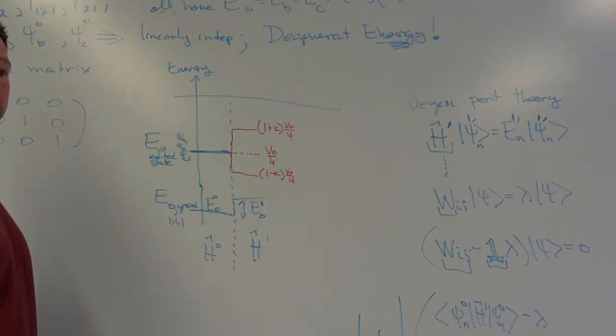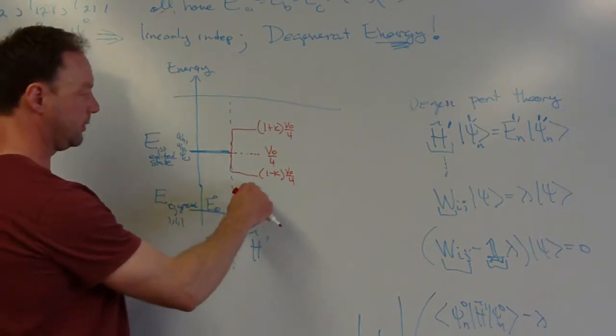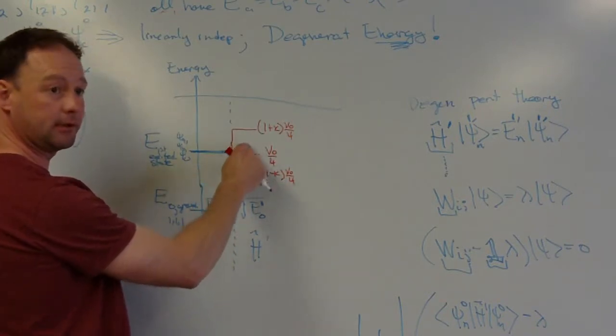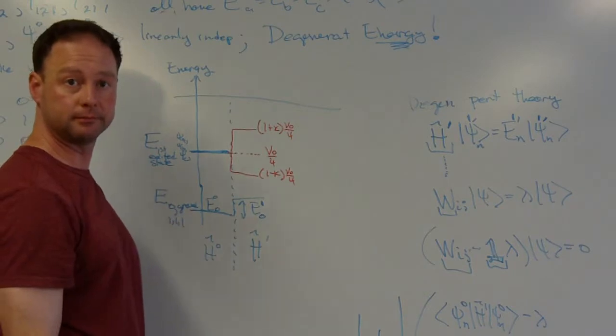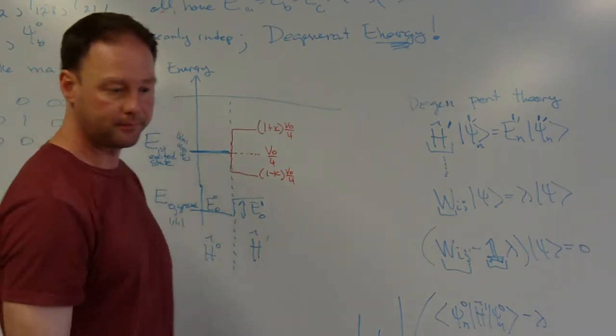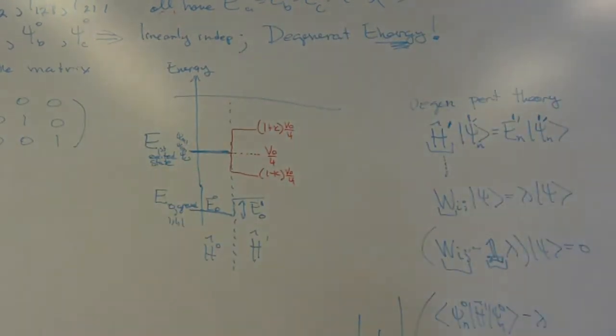So what you find out is that when you do turn on this perturbation, this thing that was triply degenerate splits into 3 different energies. That's figure 6.6, yeah, as if it were being turned on.